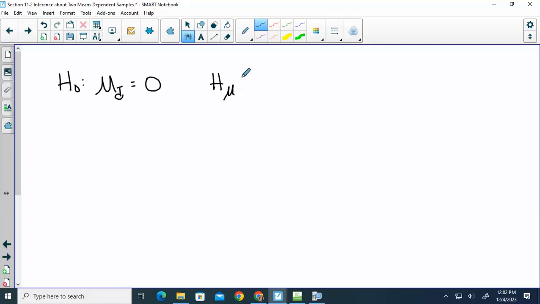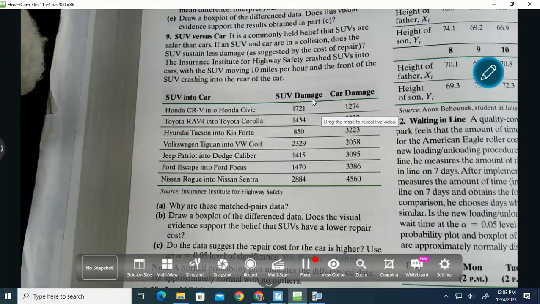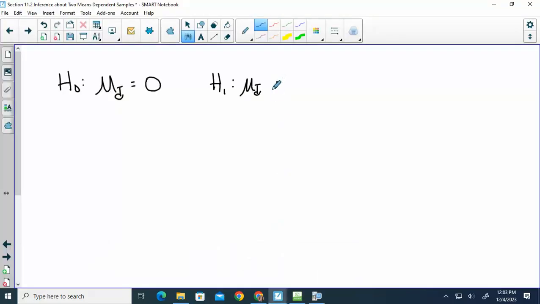The alternative, we have to decide what that would be. If I want to know if the car is higher, when we do the difference, the L1 minus L2 for the difference, if the car is higher, what kind of number are you going to get? A negative. If you do SUV minus car, and car is higher, then we get a negative. So my alternative would be that the mean difference is less than 0.